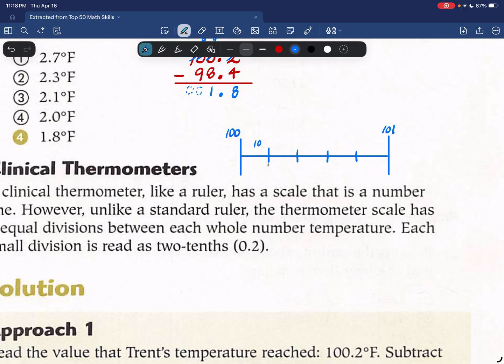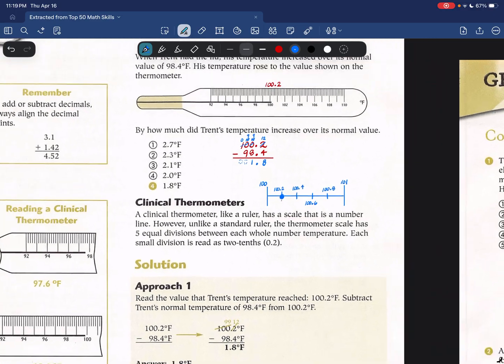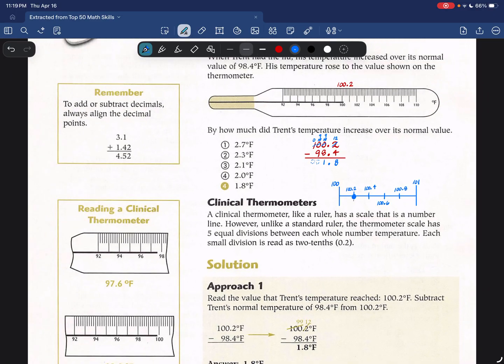But this would be 100.2, 100.4, 100.6, 100.8, and then 101. So the temperature reading we're seeing above was right there, 100.2 degrees.